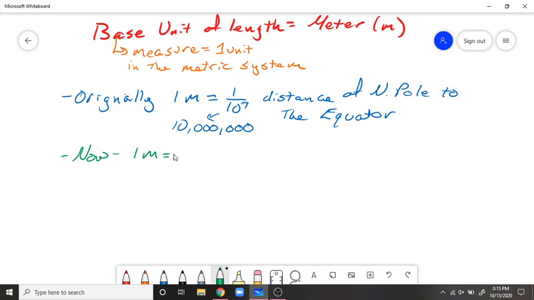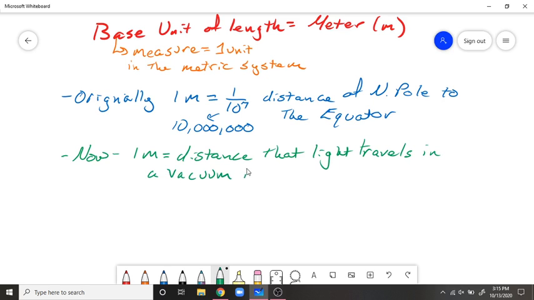Now, 1 meter is equal to the distance that light travels in a vacuum, meaning there's no air or any other particles, in 1/299,792,458 of a second.